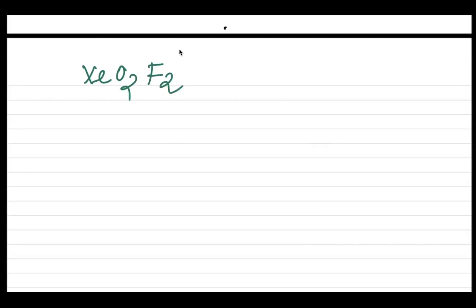The number of valence electrons xenon contains is, how many valence electrons does xenon have? It has eight valence electrons.